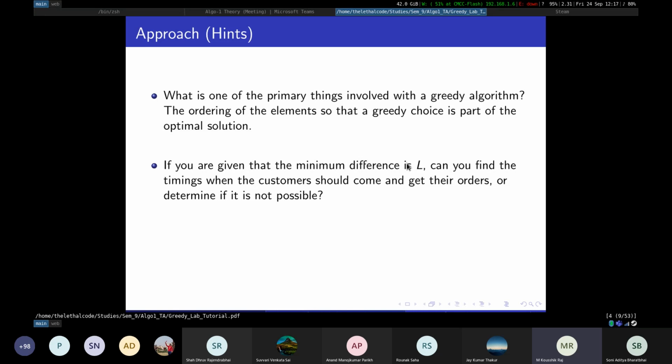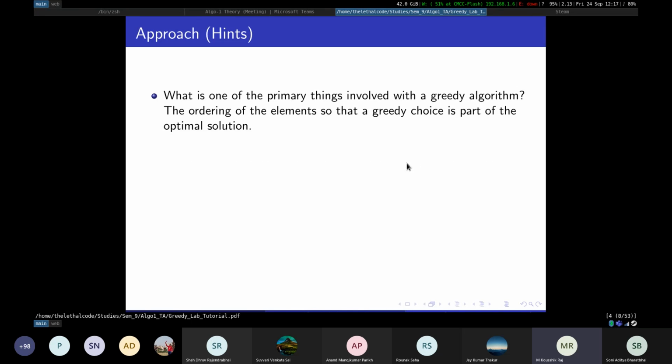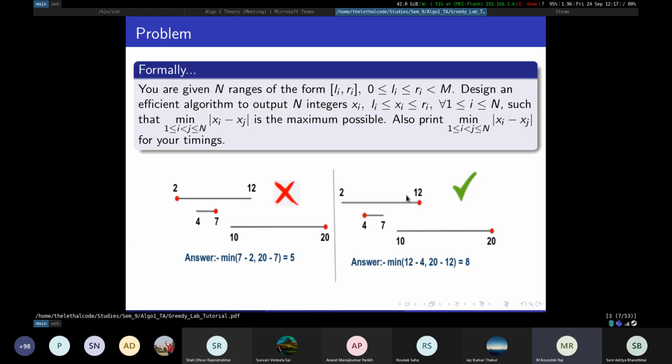But it is also possible that for that particular L there is no possible timing. For example, in this scenario, if you are given L is 10, obviously you won't be able to get a timing because we know that the best possible solution is 8. But if you are given 6 or 4 or 5, you can obviously find the timings.